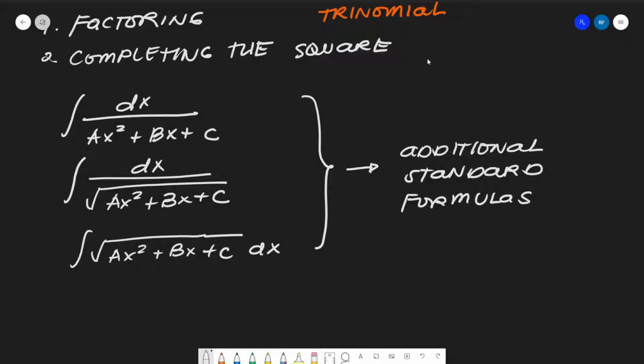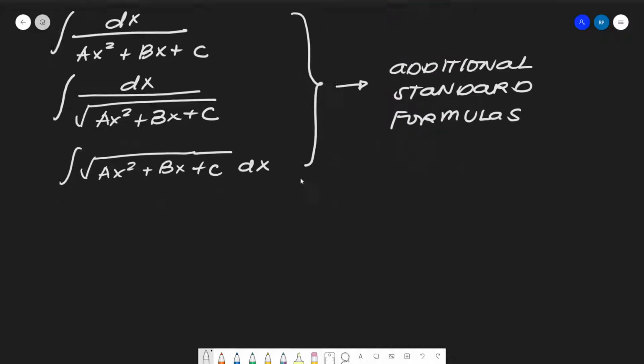So paano ba natin 'to ginagawa? Of course, let's do examples. Let's take this example.